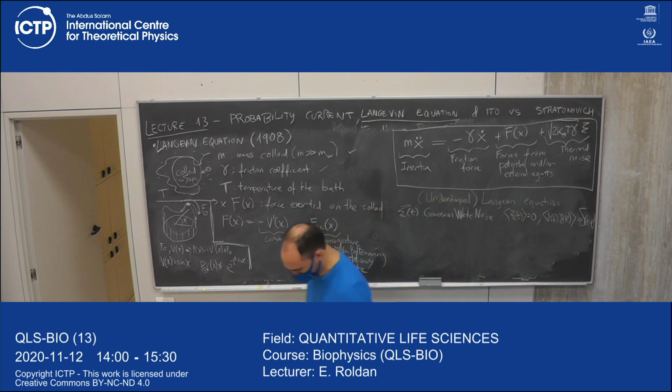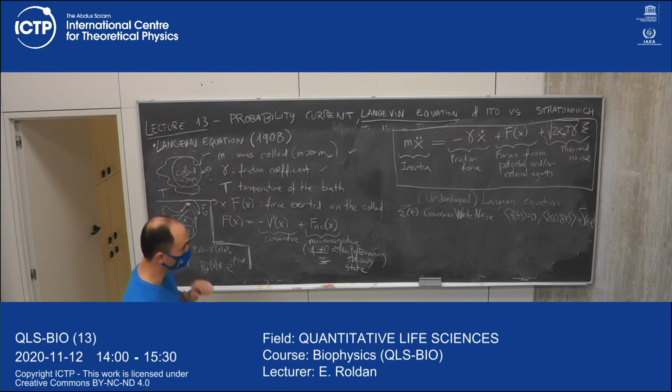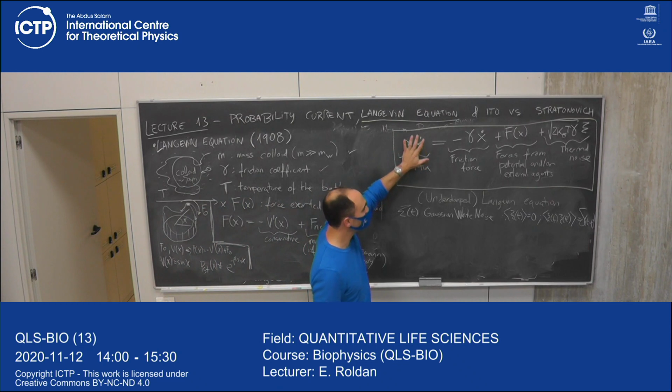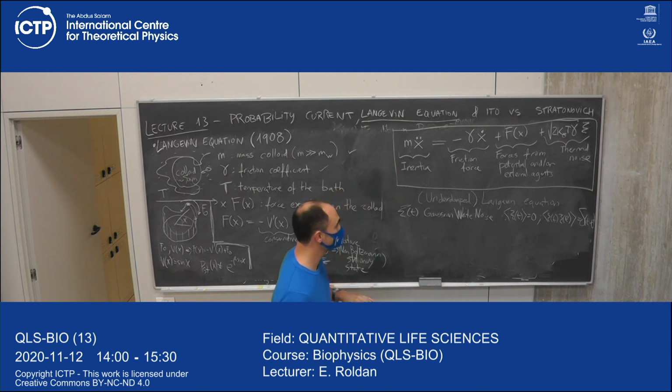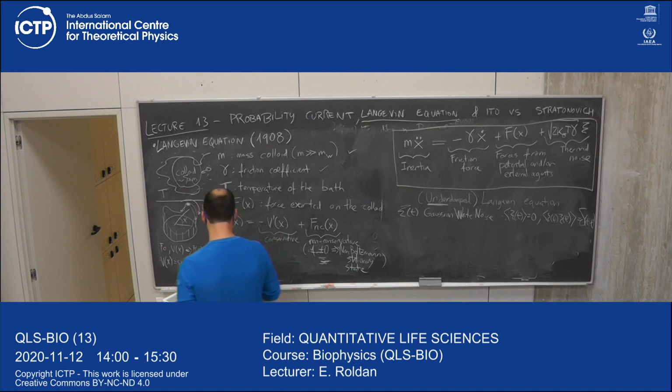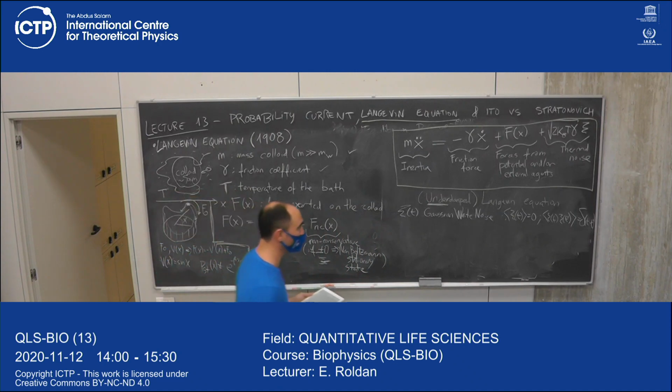So this is a very important equation in physics, as I said. But many times, we neglect this term. So it's like a Newton law, but with zero acceleration. Often that's what we do in physics, and this is what is called the overdamped limit. So this is underdamped, but we can also take the overdamped limit, in which the mass is small.